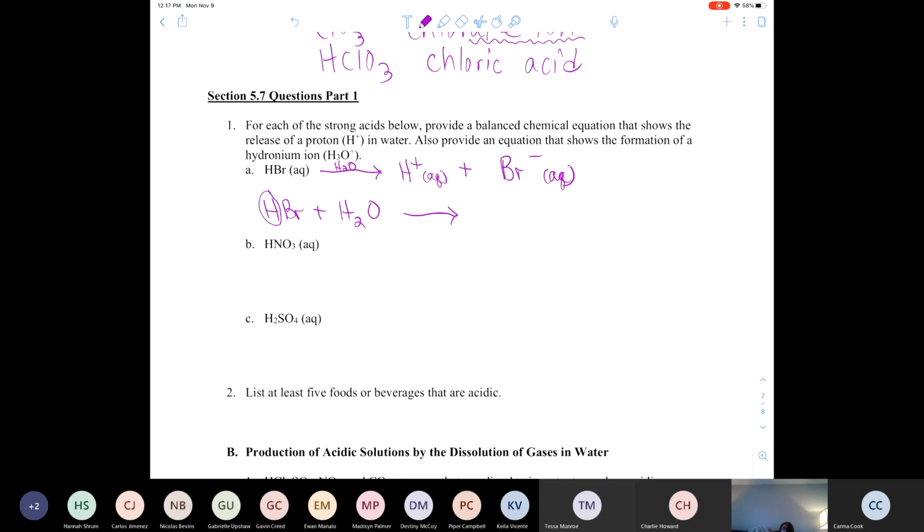The proton, H+, is going to get donated to the water to form H3O+. And I still have my bromide ion as well. So I'm going to let you finish B and C, doing those the same way I did part A.